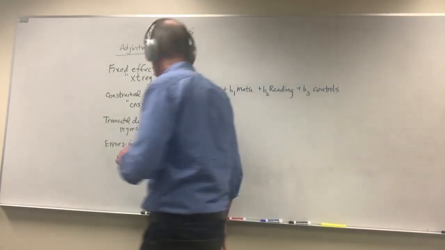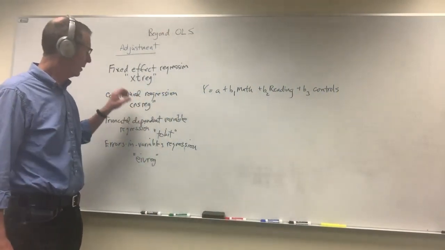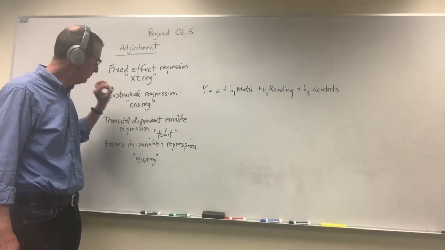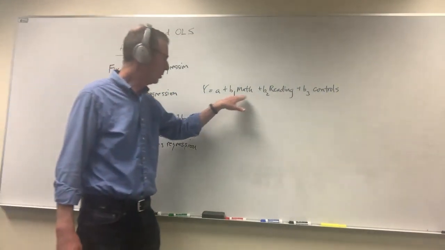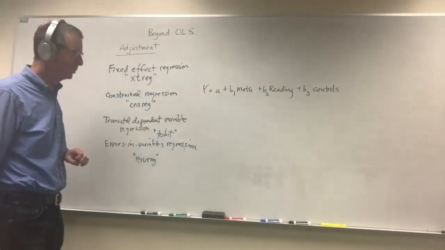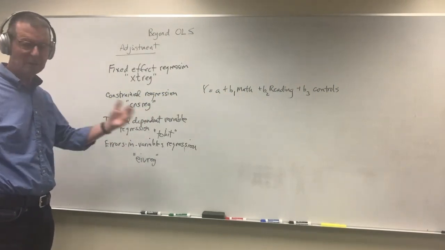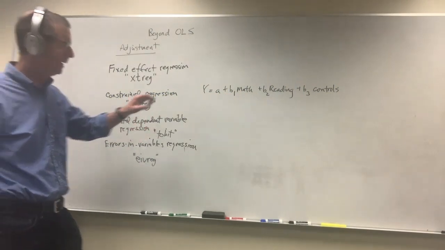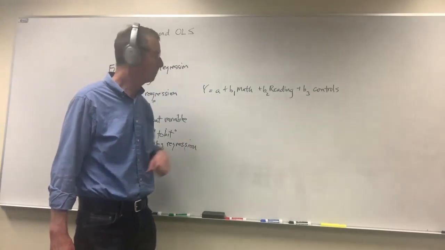So you can do that with a constrained regression, CNS reg, where preceding the CNS reg command, you specify what you want to constrain. In this case, math coefficient equals reading coefficient, and it will run the regression, get the best fitting line, taking into account this constraint that those two coefficients have to be the same.